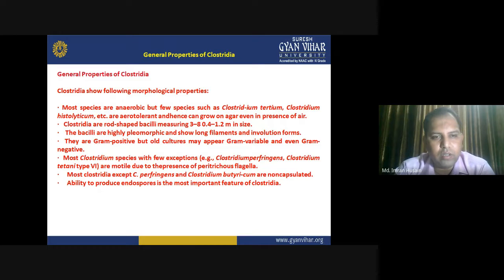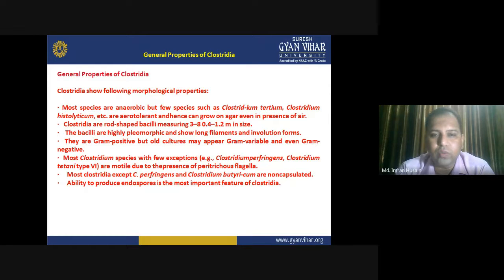Most Clostridium species, with few exceptions, for example Clostridium perfringens and Clostridium tetani type 6, are motile due to the presence of peritrichous flagella. Most Clostridia except Clostridium perfringens and Clostridium butyricum are non-capsulated.